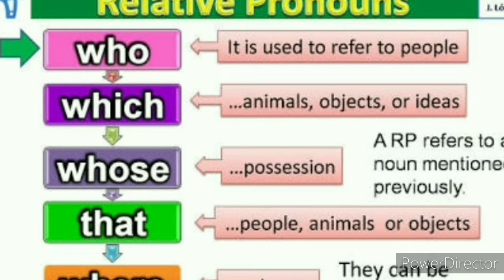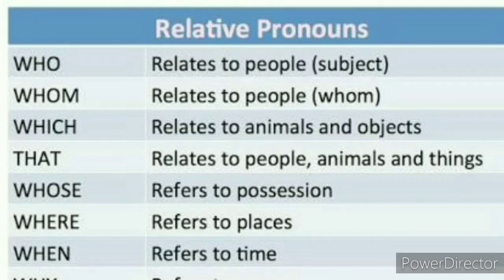In this sentence, which is used. Then: This is the book that I want to read. In this sentence, that is used. Then, the fourth one: This is the man that I met yesterday. The same, that is used as the relative pronoun.